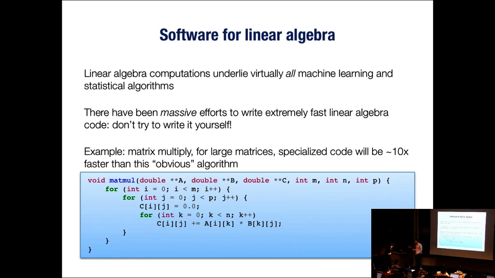It turns out if you implement this in C and run it with all the optimizations on, it'll be about 10 times or more slower for large matrices than an actual linear algebra library. The reason is this does not exploit the actual cache structure of the CPU at all.